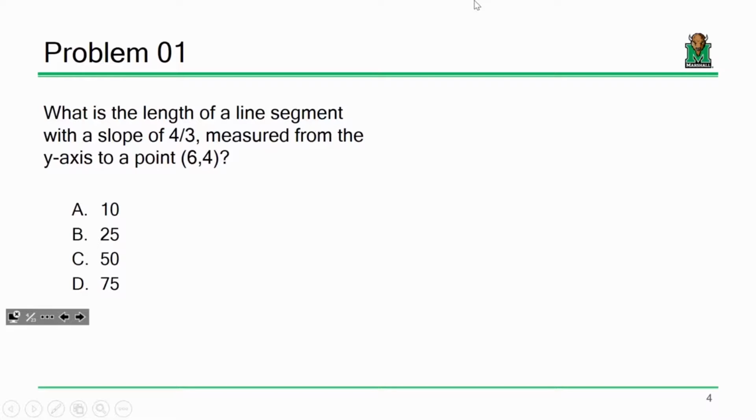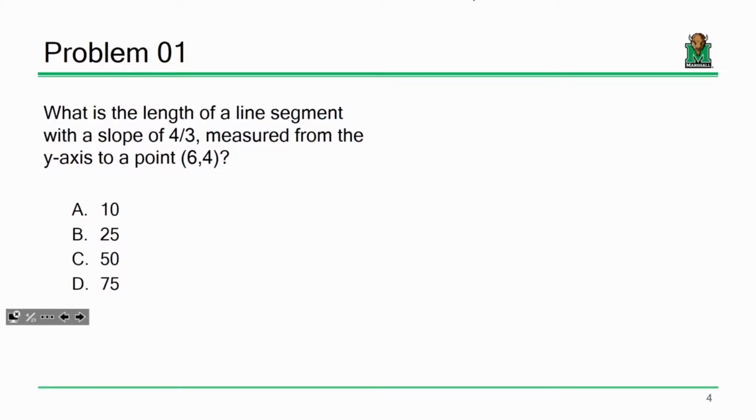What is the length of a line segment with a slope of 4/3 measured from the y-axis to a point 6, 4? I know this might seem pretty convoluted, but it's really not, because you're provided some information that's pretty straightforward. To start off, you're provided with a slope of 4/3 and a point. Do you all remember the point-slope formula?